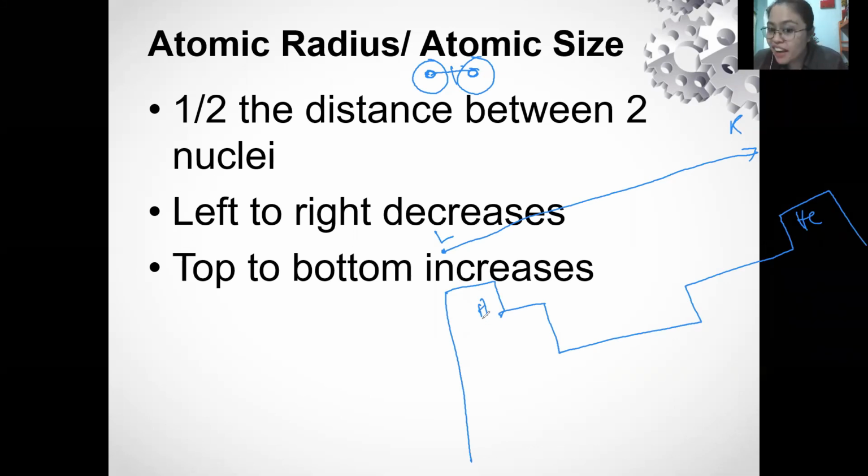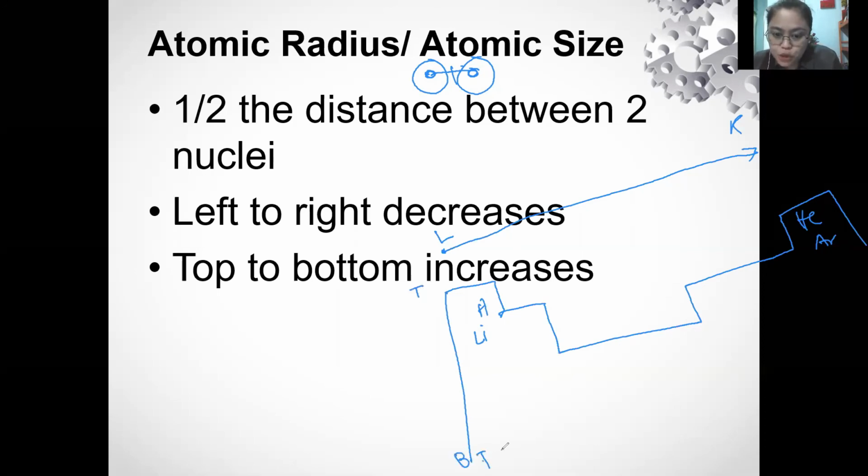Meaning, mas malaki si hydrogen kaysa kay helium. And mas malaki si lithium kaysa kay argon. Ganon yung trend nila. As you go from left to right, nagde-decrease si atomic size.